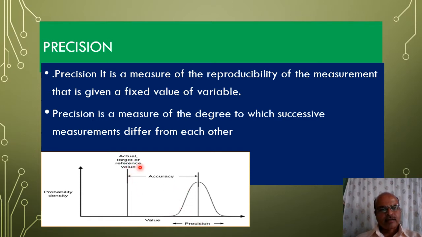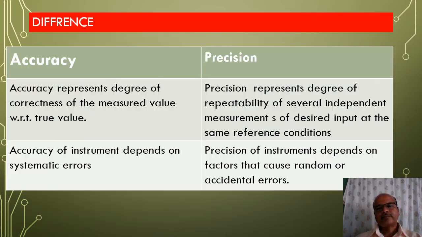This is the actual target or reference value, and this is accuracy, and this is precision. Then the difference between accuracy and precision: accuracy represents the degree of correctness of the measured value with respect to the true value, and precision represents the degree of repeatability of several independent measurements of the desired input at the same reference conditions.